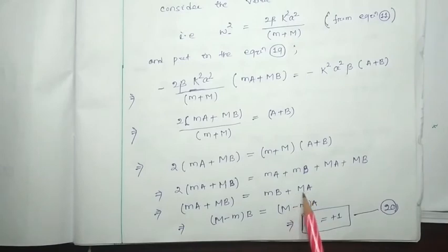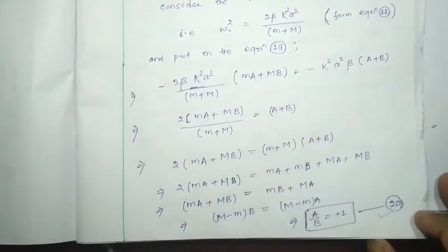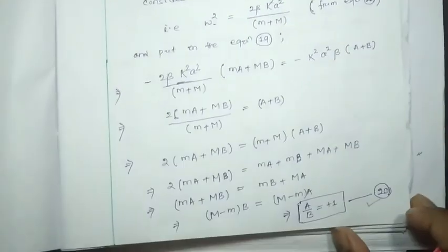So you can take this mB to the left side and this MA to the right side. We can find (M minus m) B equal to (M minus m) into A. That implies A by B equal to plus 1. This is the most important equation, that is A by B equal to plus 1.